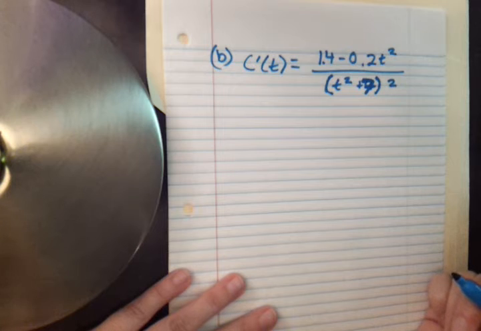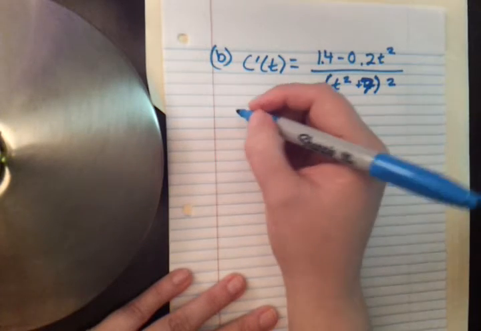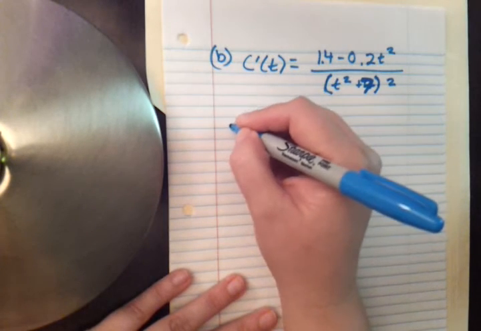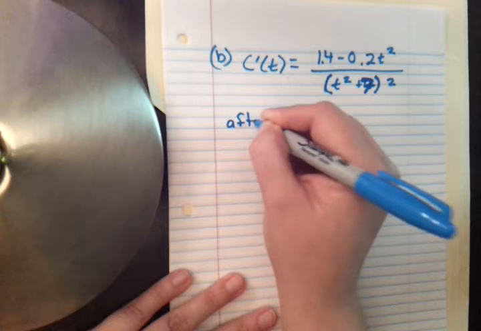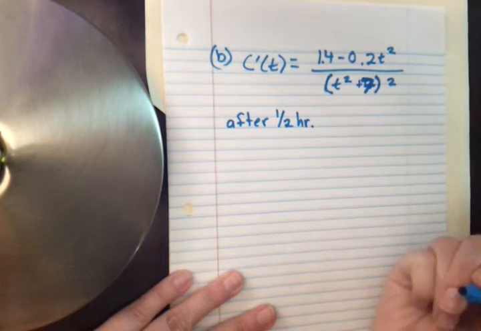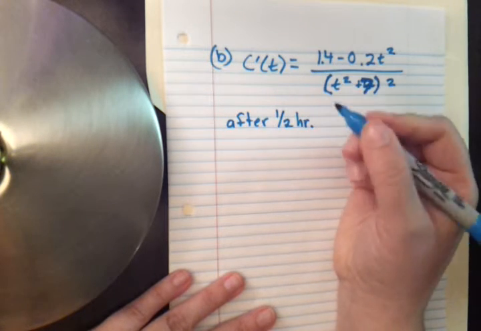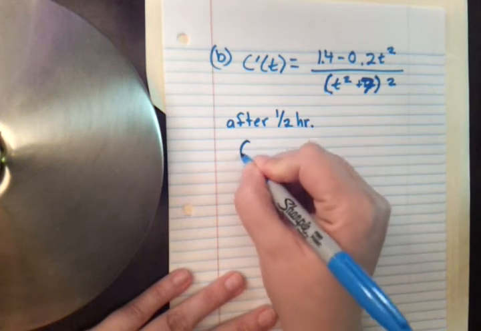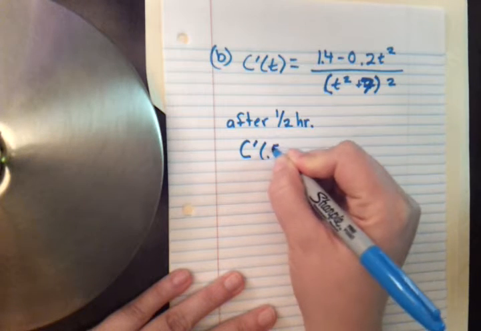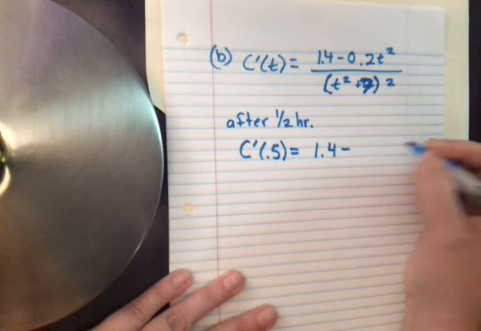So what you need to do then is to plug in the right values for t. We want to know the time. The first one is asking after half an hour. So t in half an hour is going to be 0.5. So you are going to have to find C prime of 0.5. That's just plugging in 0.5 everywhere there's a t.